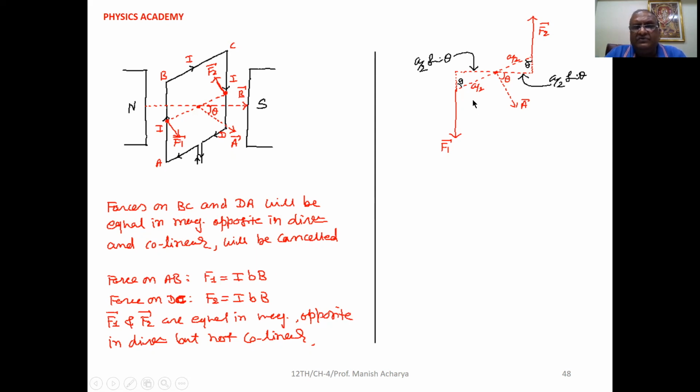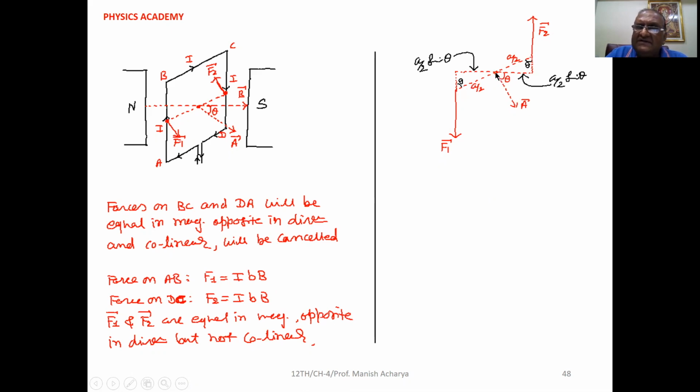Now suppose here we represent these forces in this another figure. So force F1, force F2, these two are in mutually opposite direction. These two are not collinear. And see the distance between these two forces is equal to this side BC, and side BC is a.